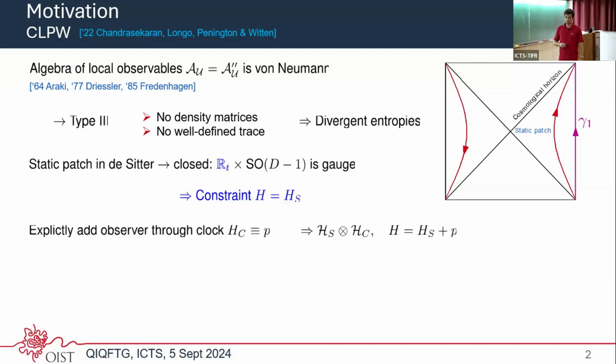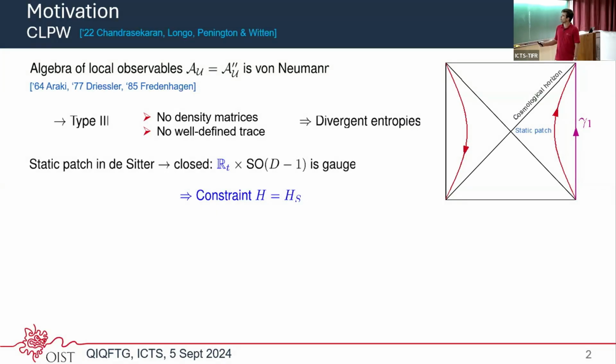So instead, what they really... sorry, is this the static patch? Yeah, these red arrows. And then H equals H_S, what exactly is it? Well, I just call the constraint H, it has to be set to 0 on states, and the constraint H is just H_S. But the total energy vanishing will involve both static patches, right?